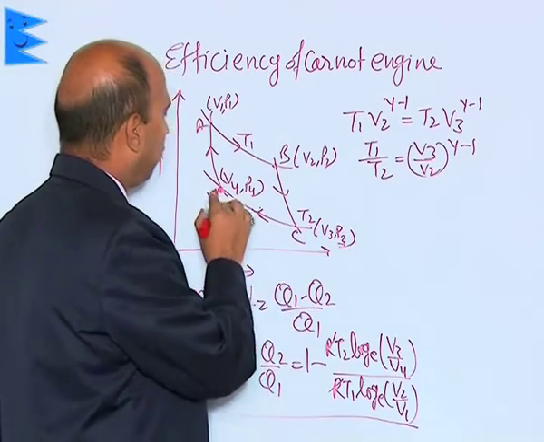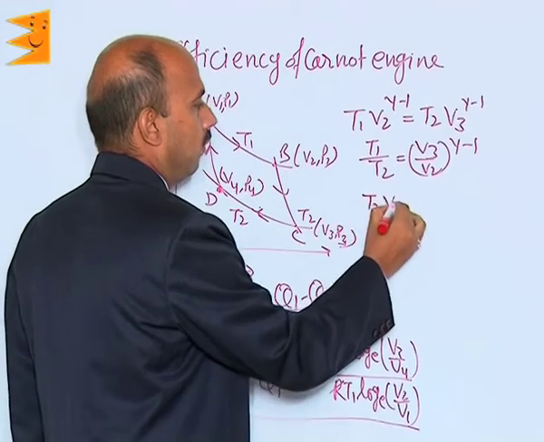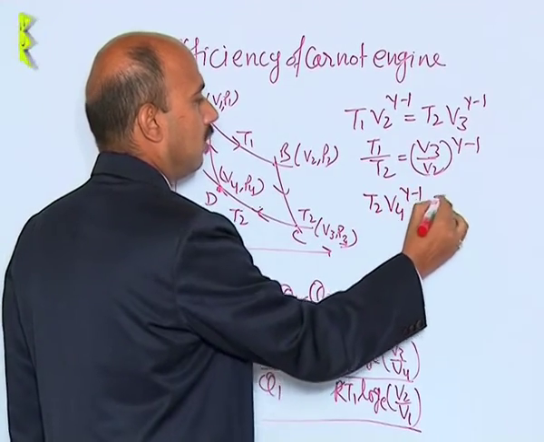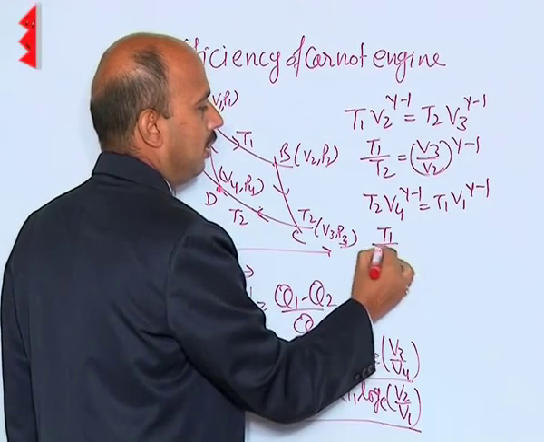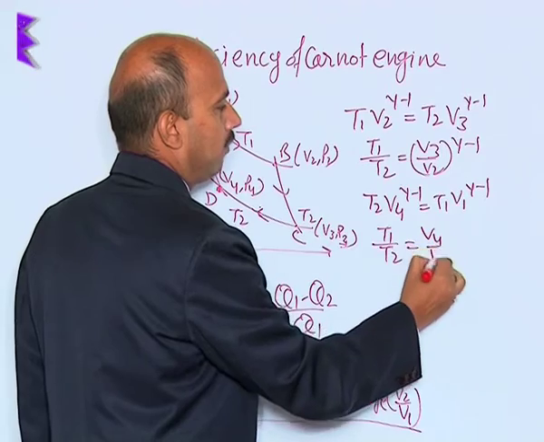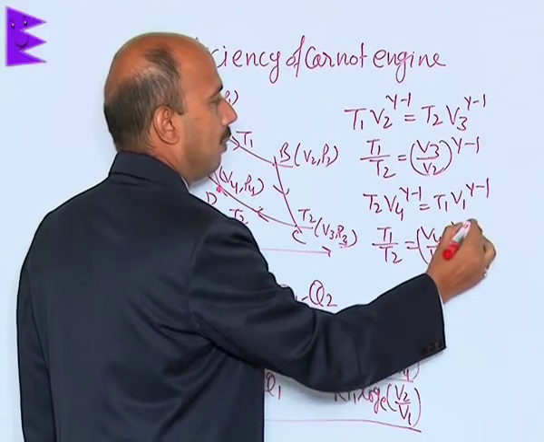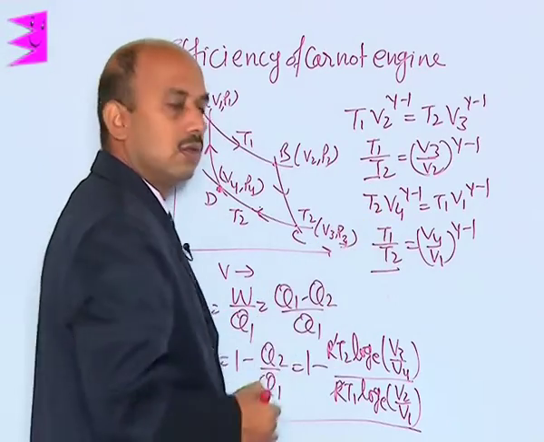Similarly, we can apply for D and A. So, we can write here T2 V4 raised to gamma minus 1 is equal to T1 V1 raised to gamma minus 1. So, we can write T1 upon T2 is equal to V4 upon V1 raised to power gamma minus 1. Now, this and this are equal.